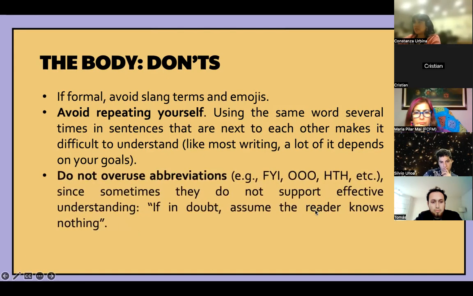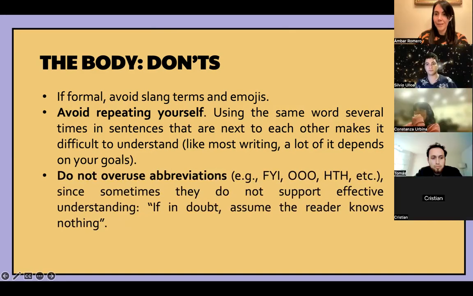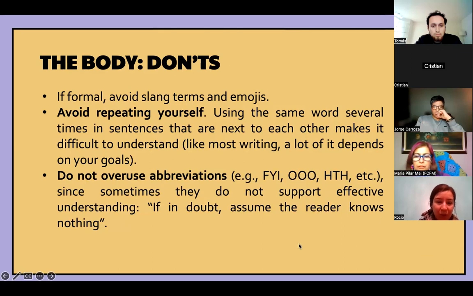Next thing that we should avoid, and Rocio, I think you asked about this at the beginning. Do not overuse abbreviations. For example, FYI, for your information, or OOO, which is out of office. What is HTH?